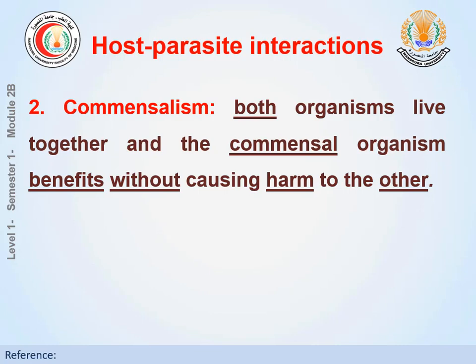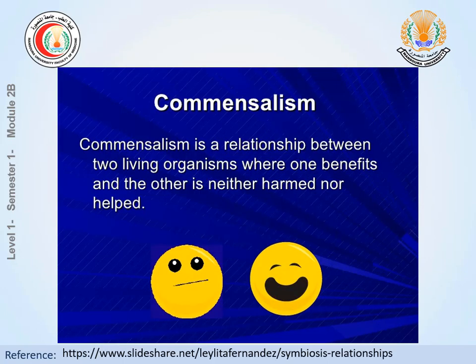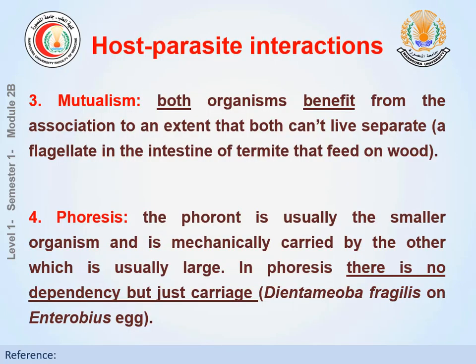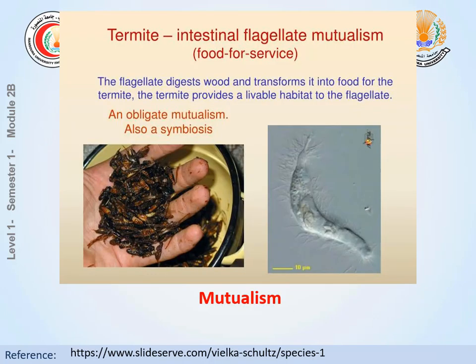In commensalism, both organisms live together and the commensal organism benefits without causing harm to the other. In mutualism, both organisms benefit from the association. In the 4th type, phoresis, there is no dependency but just carriage. Here is an example of a mutual relation between termites that provide a home for intestinal flagellates that in turn digest wood that the termite feeds on.